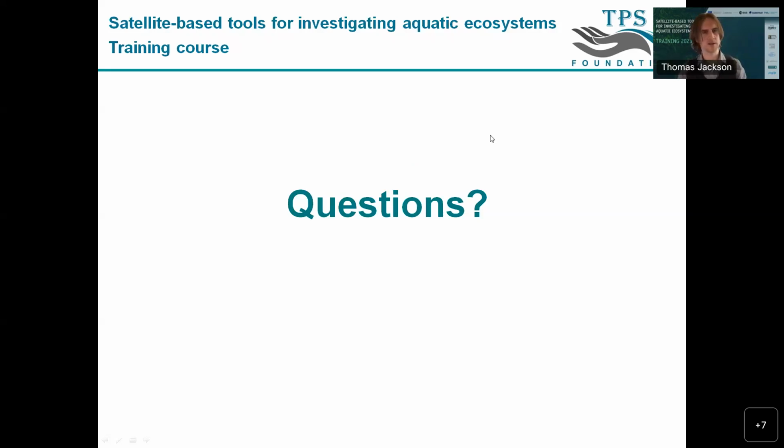Anna, as far as I'm aware, this depends on how you've atmospherically corrected the data. Some atmospheric correction schemes will produce a normalized reflectance, and some don't apply that. The default one coming from ESA through the Sentinel-3 data providers is normalized reflectance, as far as I'm aware.